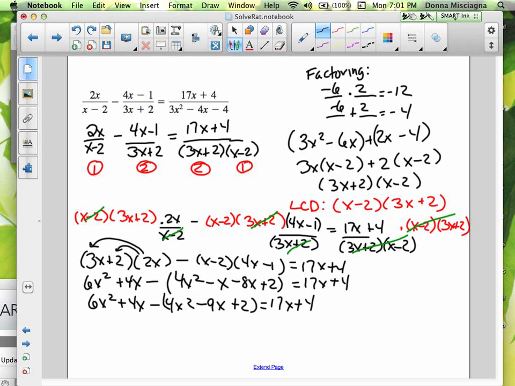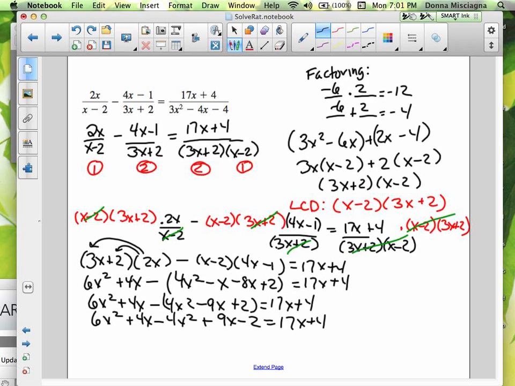All right, so distribute the negative sign. We have 6x squared plus 4x minus 4x squared plus 9x minus 2 equals 17x plus 4. Notice the signs of everyone in the parentheses changed.